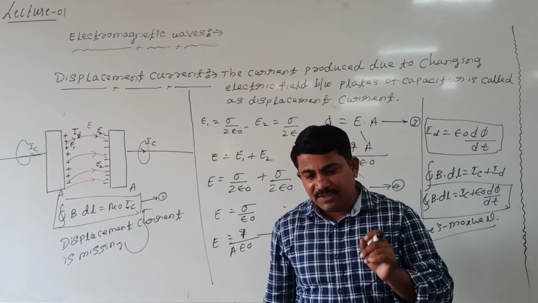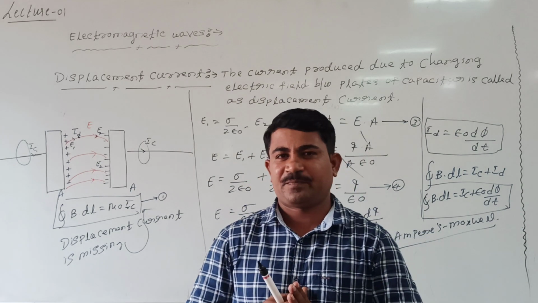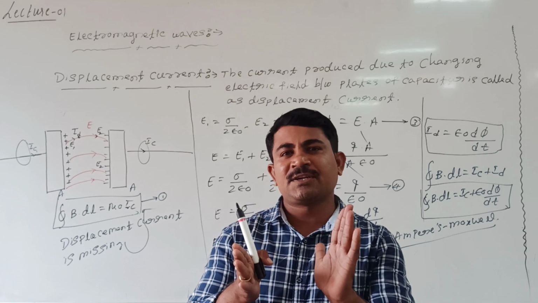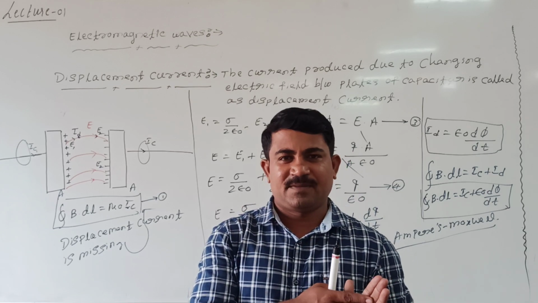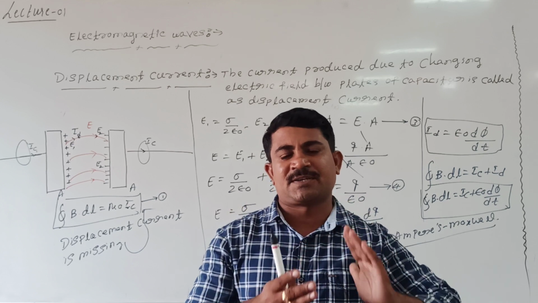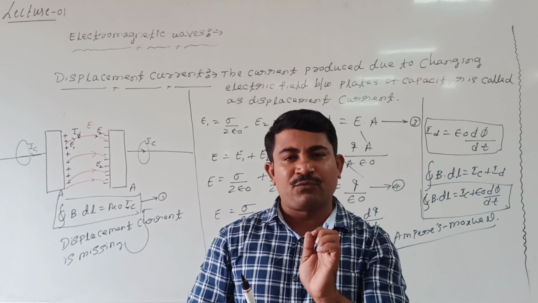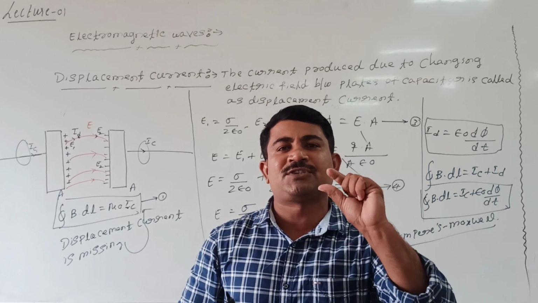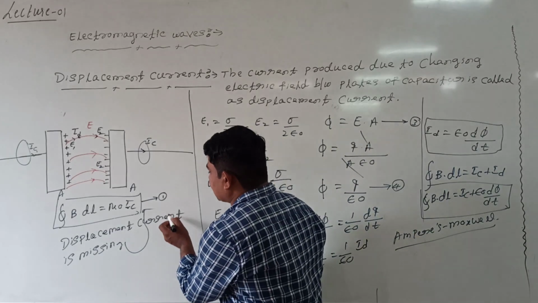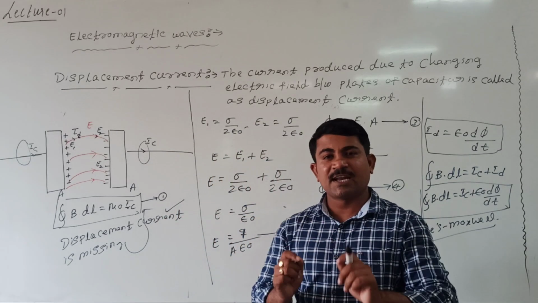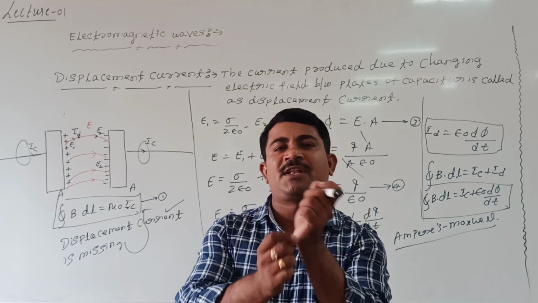Right? Then what is the physical significance of this displacement current? This is important. We know that conduction current helps to find the magnetic field due to conduction current. But displacement current is able to find the magnetic field due to a changing electric field. So the physical significance is that it helps to find the magnetic field due to a changing electric field.